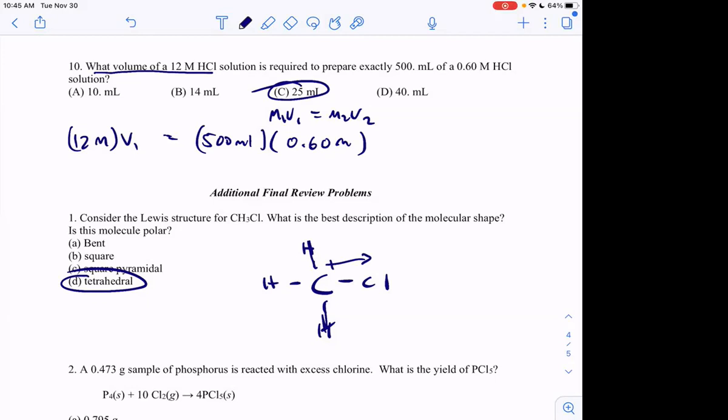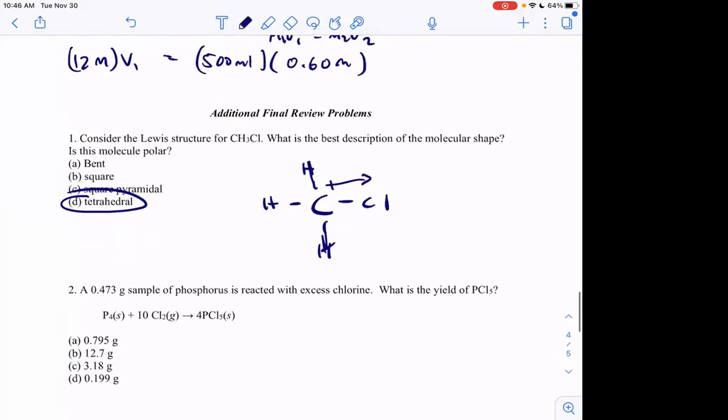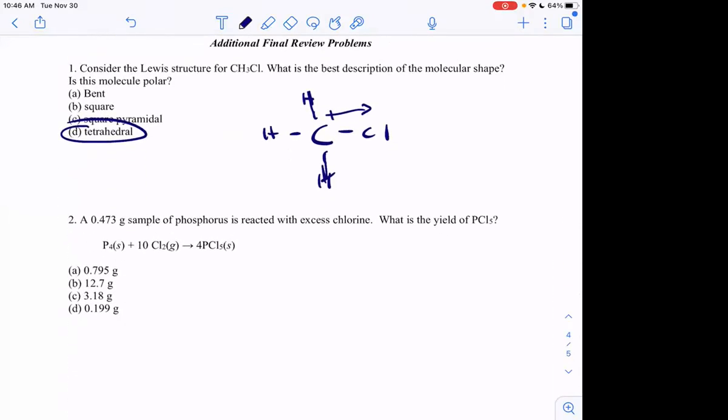If they had all been hydrogens or all been chlorines, then this would be nonpolar. You good?